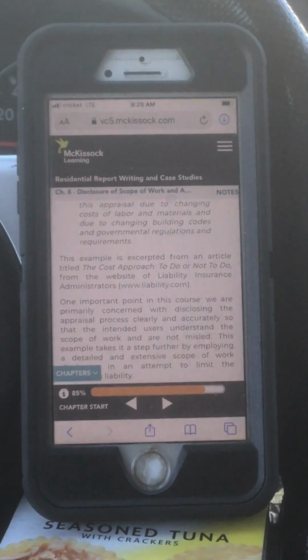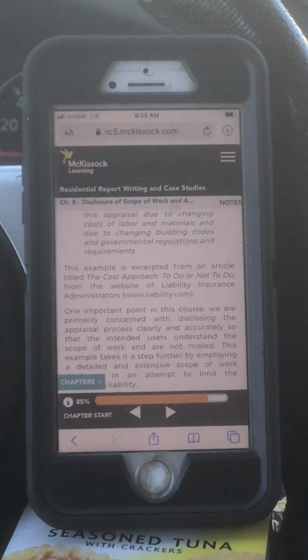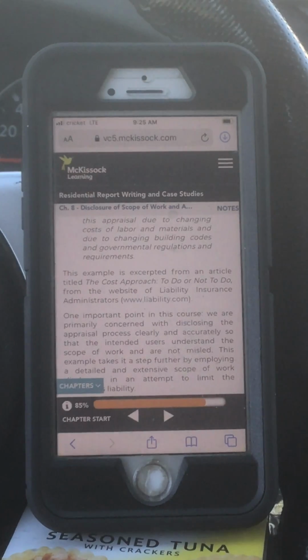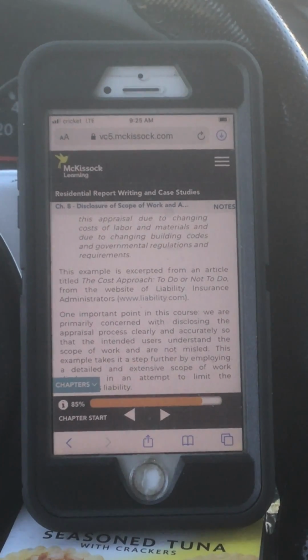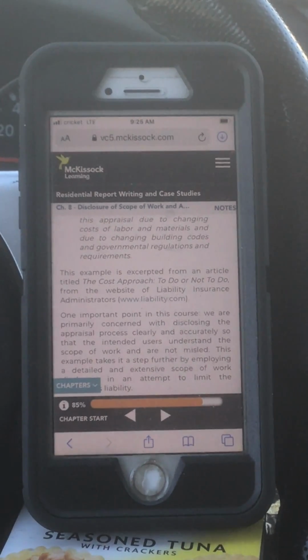This example is excerpted from an article titled "The Cost Approach: To Do or Not to Do" from the website of Liability Insurance Administrators, www.liability.com.